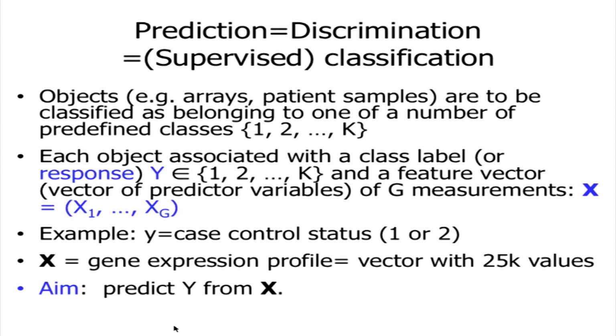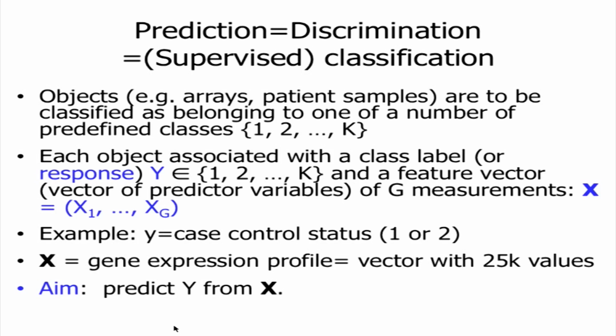The class labels could be labels 1, 2, 3, and so on. Or they could be just two classes, low risk, high risk cancer. Or their response could be disease status or case control status. Now, the outcome Y is, as I mentioned, the supervisor in the analysis.